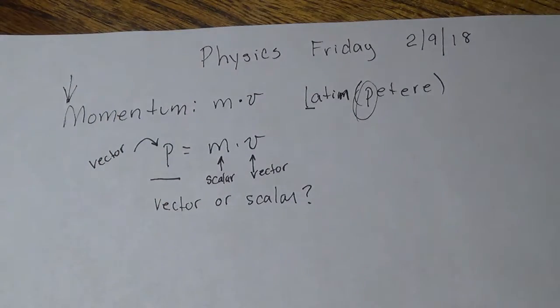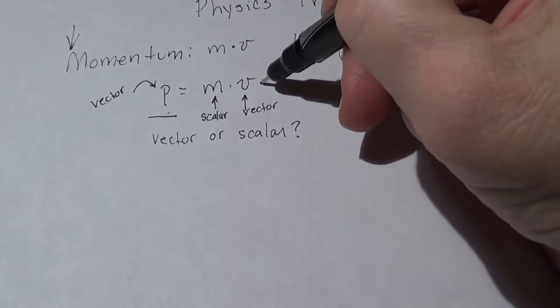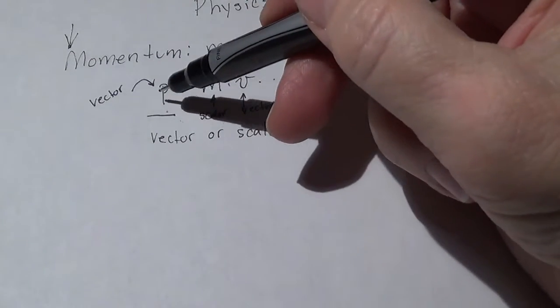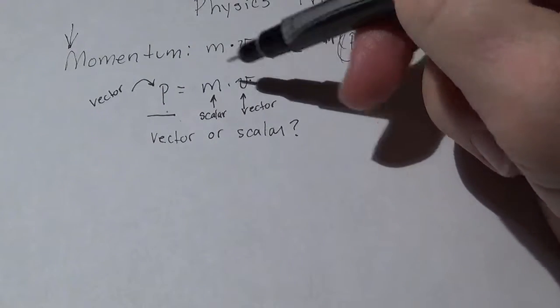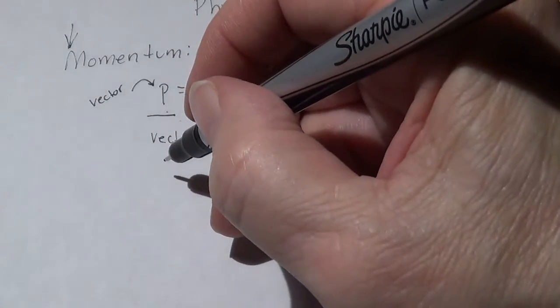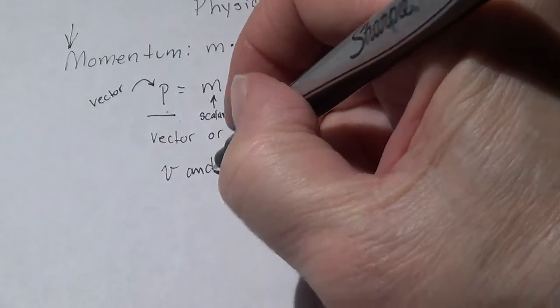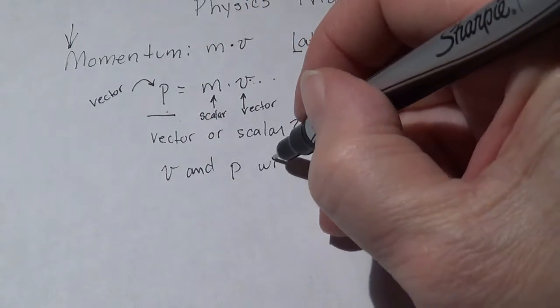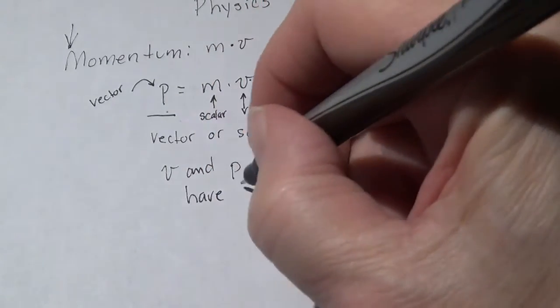Right, because of this relationship, once we have a vector on this side and a vector on this side, since they both have size and direction, the velocity and the momentum vector will always point in the same direction. So velocity and momentum will always have the same direction.